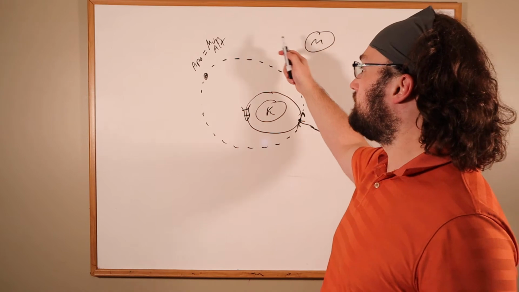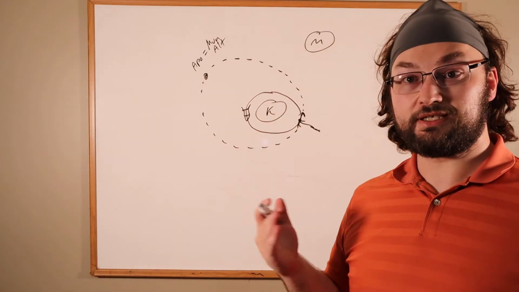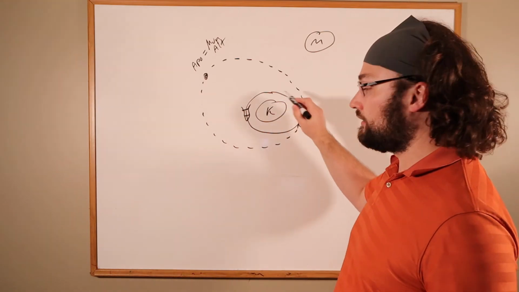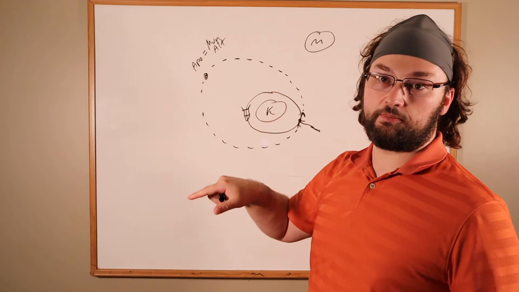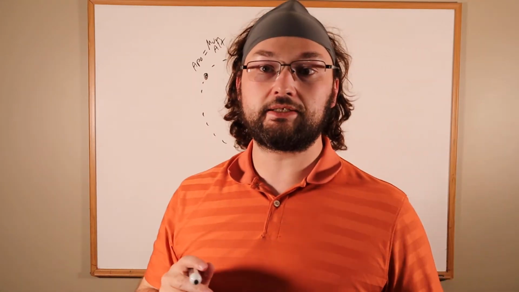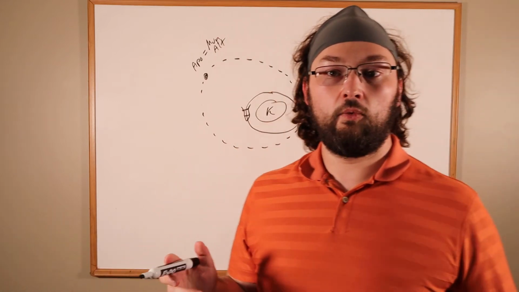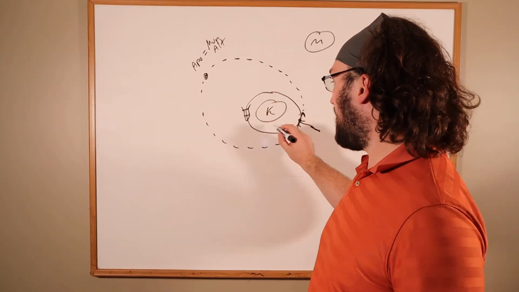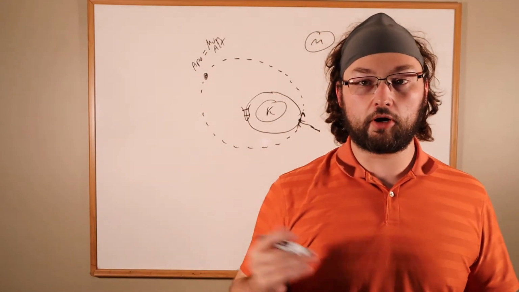But once we know where the moon will be after the burn, we can then decide to put the burn at the angle around Kerbin such that when we do the burn, it will set up the transfer orbit so it actually transfers us into the moon's sphere of influence. And for the purpose of this exercise, where the rocket is in the single orbit where we're going to do the burn doesn't matter.